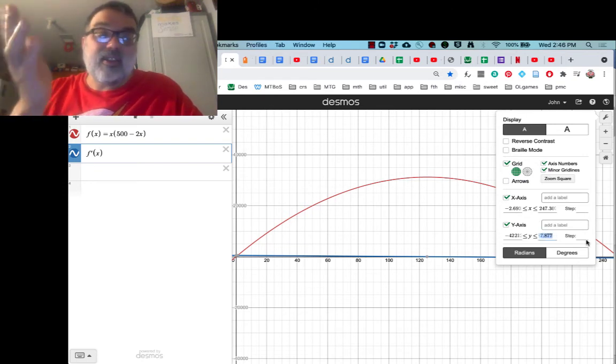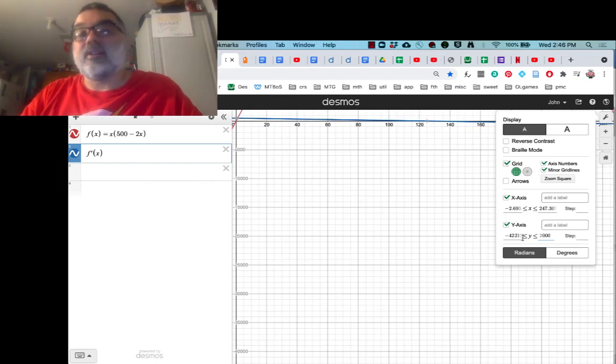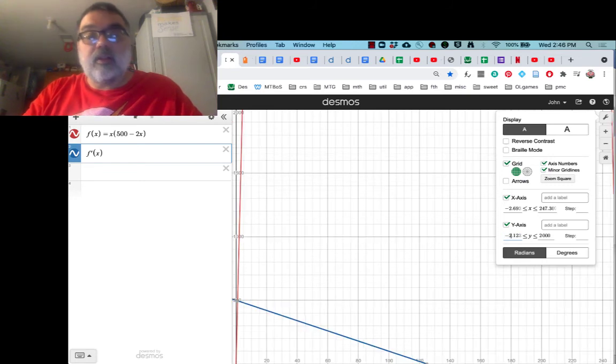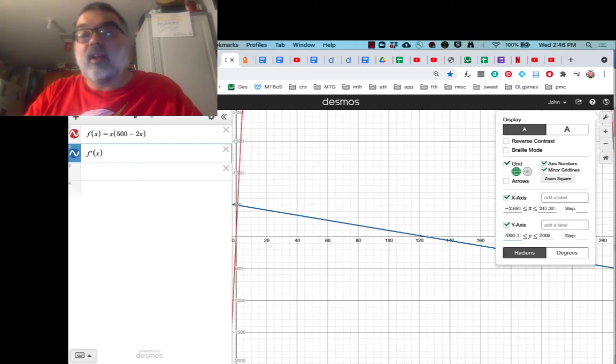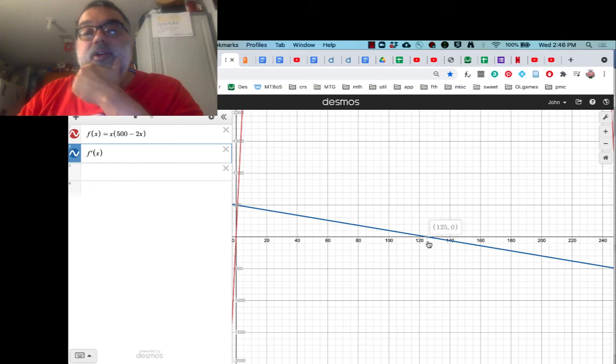It looks small. So if we change to 200, it's not enough to see anything. 2000, now we can start to see. Okay, so that's a better picture of the derivative. So this place where it's 0, 125, that is where f is going to have its maximum.